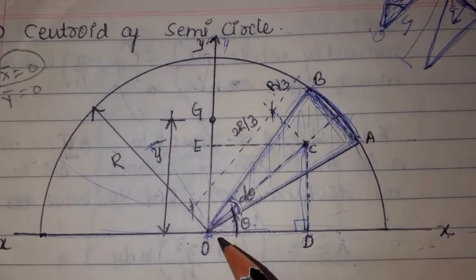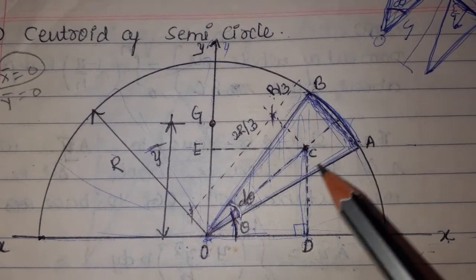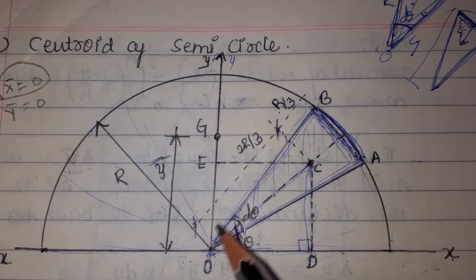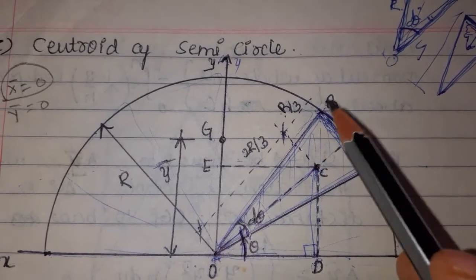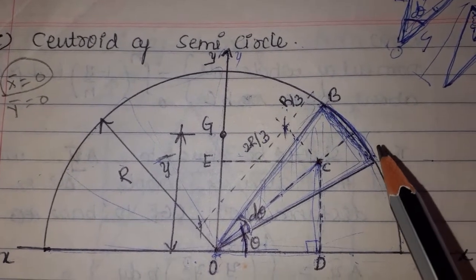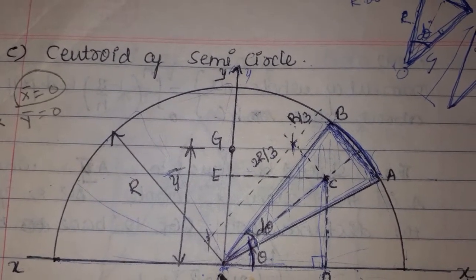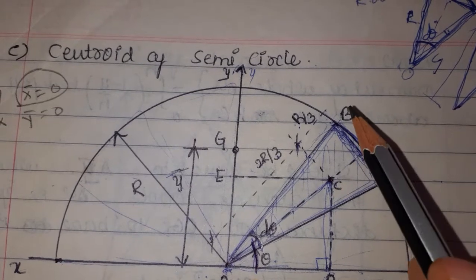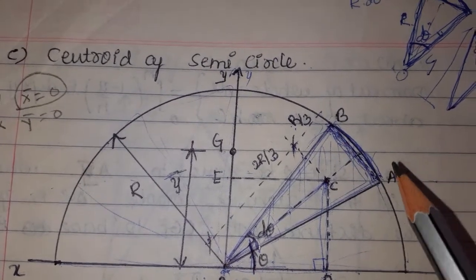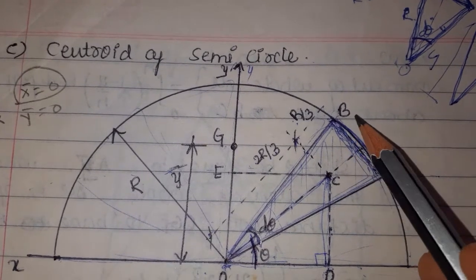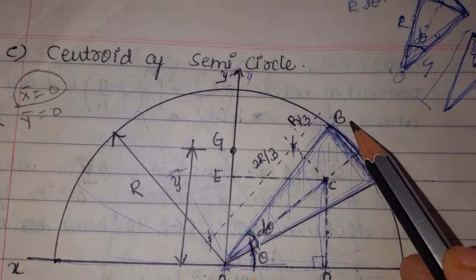Then as I said, we have considered this as an elemental segment. So this is a triangle. We are considering AB as a straight line, since it is an elemental segment. Then area of this triangle OAB is equal to half into base AB into height OB.